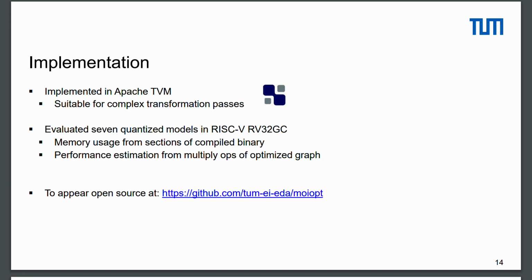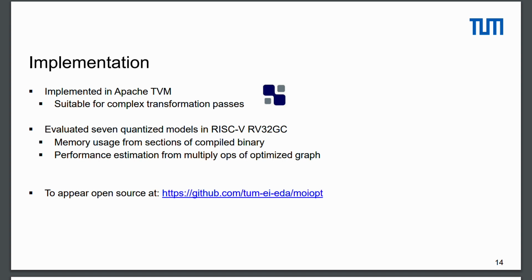We looked at 7 quantized models, so 8 quantized for RISC-V, and the memory usage we just got from the compiled binary coming out of TVM, and the performance we estimated with just looking at the multiplication operations of the final model, because the optimizations for RISC-V and TVM were not yet very competitive.